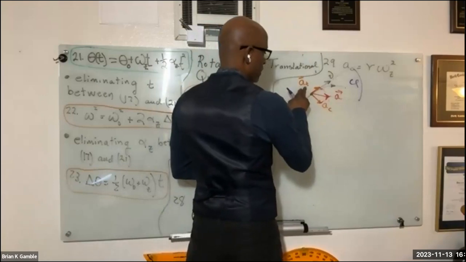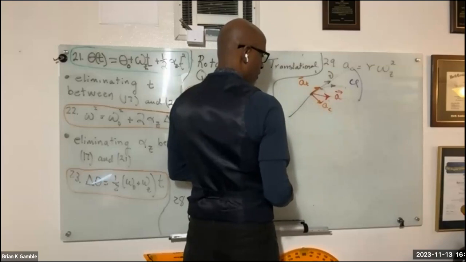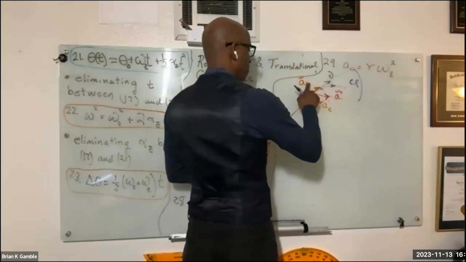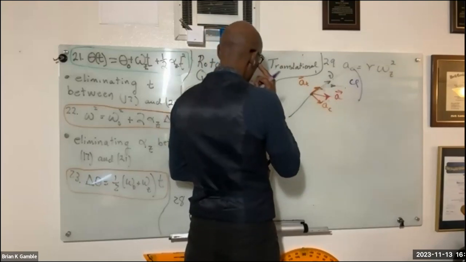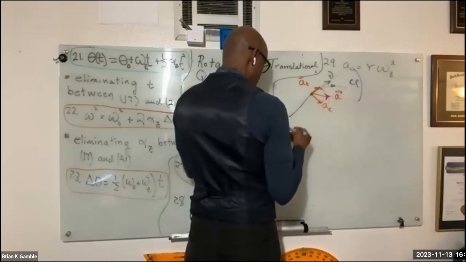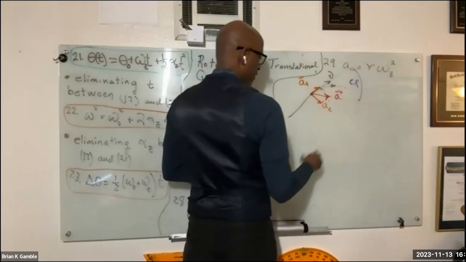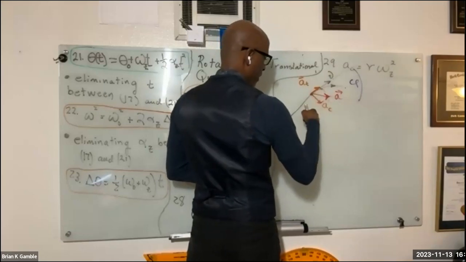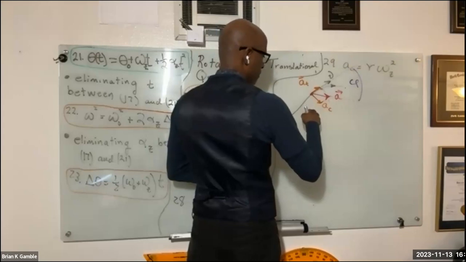Whenever there's no tangential acceleration, then this term is zero, and the total acceleration is equal to the centripetal acceleration. In that case, phi is going to be 90 degrees. And whenever the object is slowing down on a curved path, the tangential acceleration is opposite the direction of velocity, which means the actual total acceleration, since centripetal is always perpendicular to the velocity toward the center of the curved path, would be tilted back in the opposite direction, in which case phi would be obtuse.